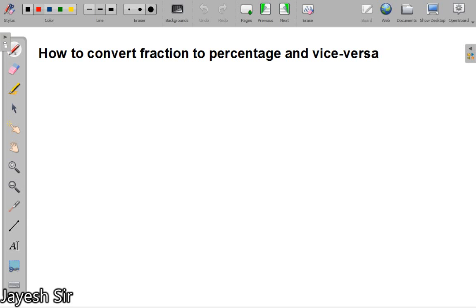We will not go into the word problems. So first is how to convert fraction to a percentage and vice versa. We will be given some fractions and we will have to convert them into the percentage. So it is question number 5. With the help of this question, I will try to explain how to convert fraction to percentage.